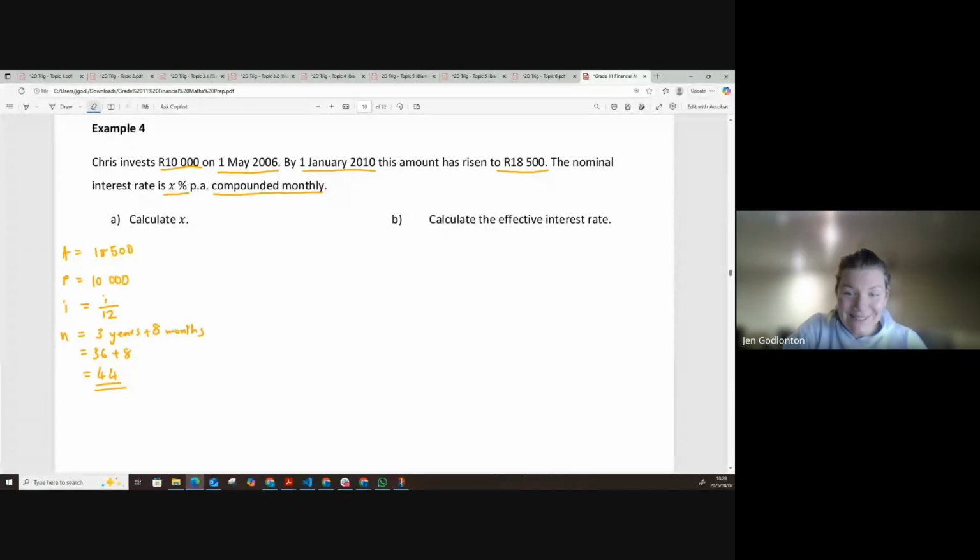What's effective interest rate? Effective interest rate is when our time frames are the same.